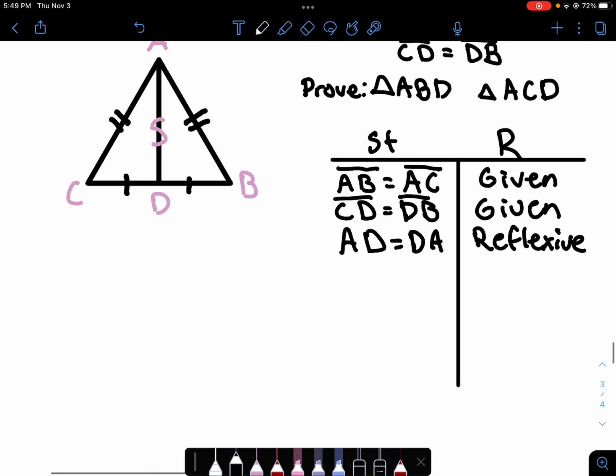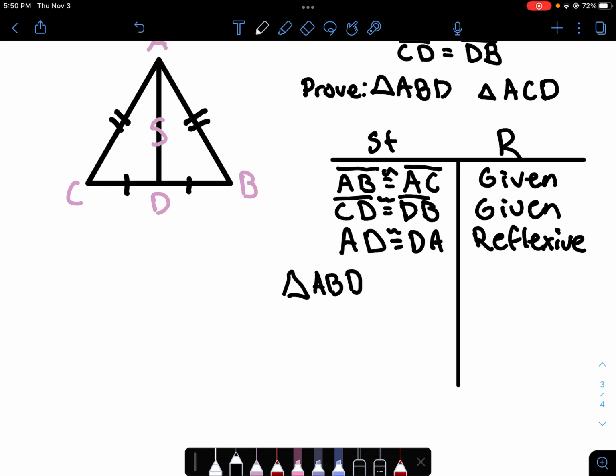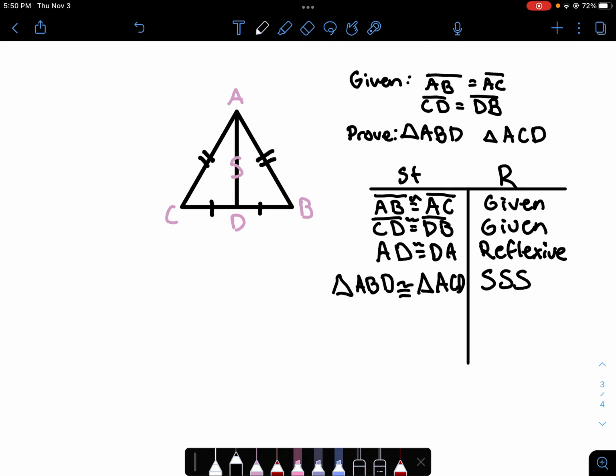So once we have all three of our sides proven, we can state it. So triangle ABD, I forgot to put the squiggles, but equals is the same as congruent, but we're proving congruency, so we're just going to use the congruent symbol. So ABD is congruent to triangle ACD. And that's by rule side, side, side.